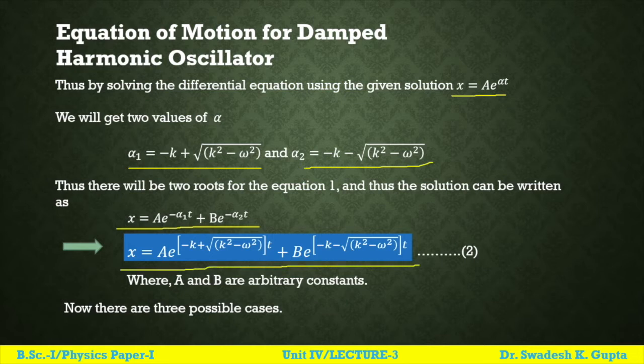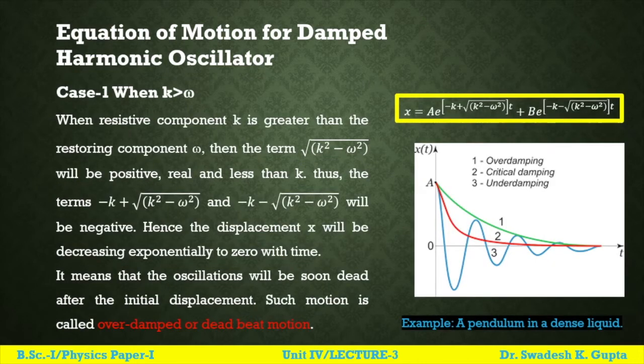After getting this solution, there are three possible cases. Case 1 is when k is greater than omega. In this case, you can see in the equation that k square minus omega square under the root will be a positive real number, which will be less than k.